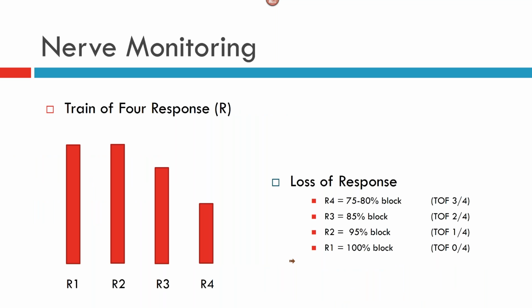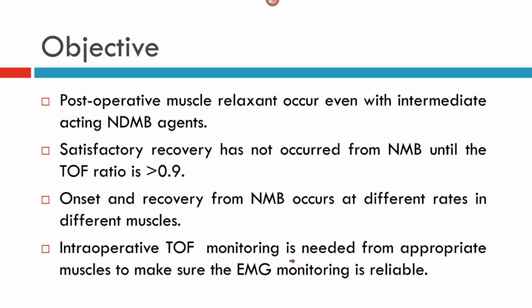So in train of 4, the first response is T1, also known as response number 1, R1, then R2, R3, R4. The objective of doing the train of 4 is to see whether post-operative muscle relaxant effect occurs, even when intermediate-acting drugs are given.